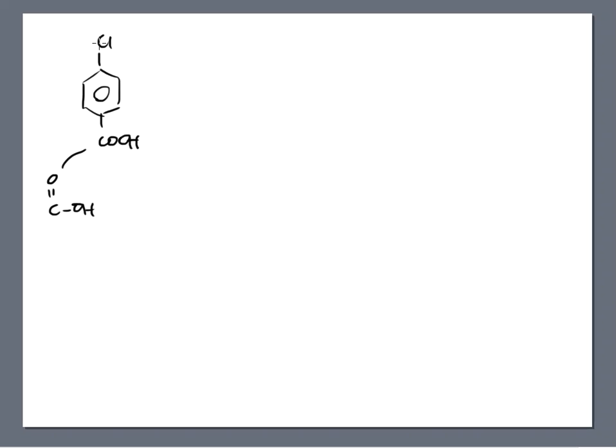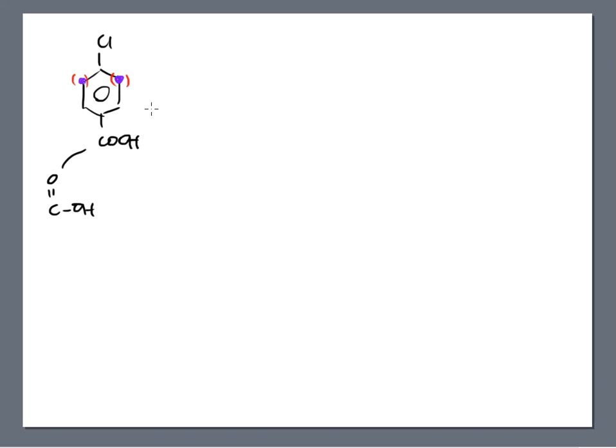Okay, chlorine is a weak deactivator, but it's ortho-para. All right, so ortho and ortho, para doesn't count. Something's already there. The carboxylic acid piece, that is at the bottom of the chart. It's a deactivator. It's meta. All right, so meta means it will go here and it will go there. That's meta to the carboxylic acid.